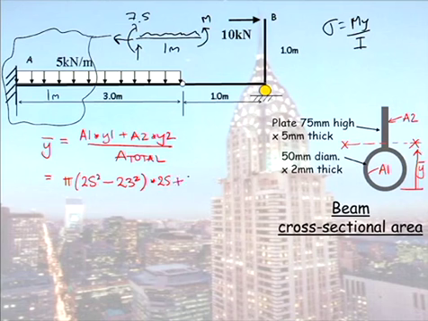My second area, very simply, is my 75 times 5. And I have to measure the total distance from the bottom to that centroid. So that distance would be 50, which is to the top of the circle, plus, I'll just write it as 75 on 2.